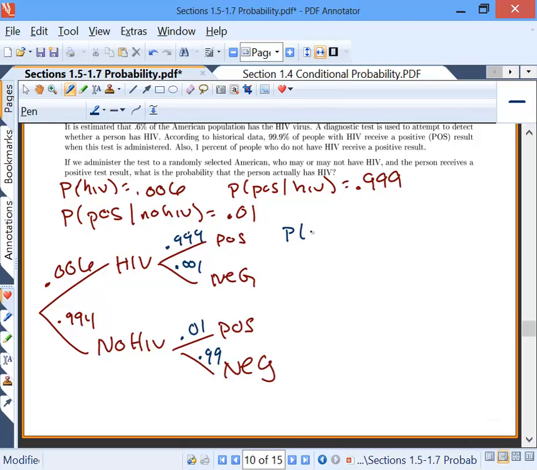So the probability of HIV and positive is 0.006 times 0.999, which gives me 0.005994.